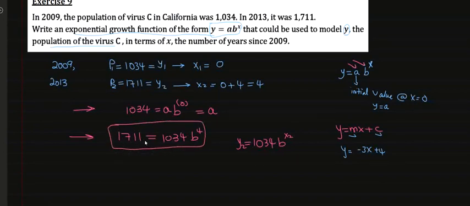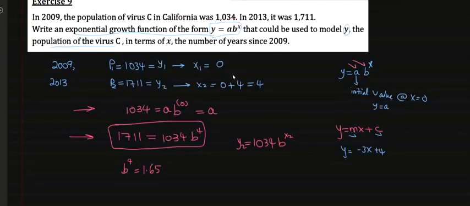First divide 1711 by 1034. So b to the power 4 is 1.65, which is 1711 divided by 1034. This is what we did.